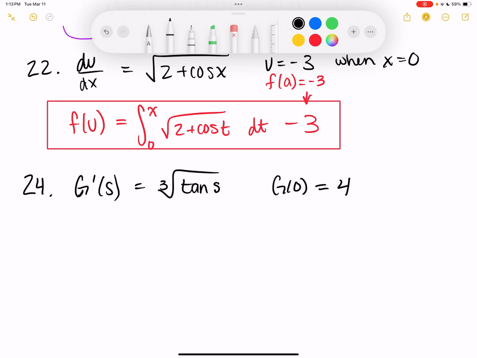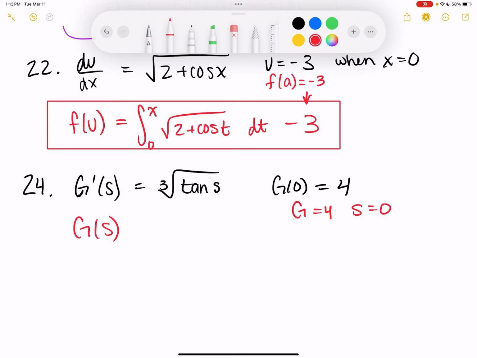Anyways. Okay. So G prime of S is another way to write the first derivative. We've had the different notations before. So this is going to be... So is that like G D S? D G D S. So up here, S is 0, G is 4.